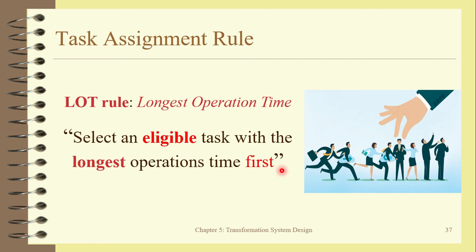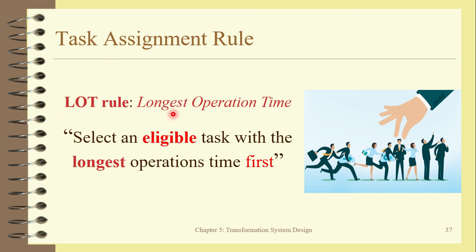And then in order to allocate tasks to workstations, or in order to form the line, you need to select the operation to fill in the workstation. There are plenty of rules that you can use, but one of the simplest rules that works quite effectively is the LOT rule.